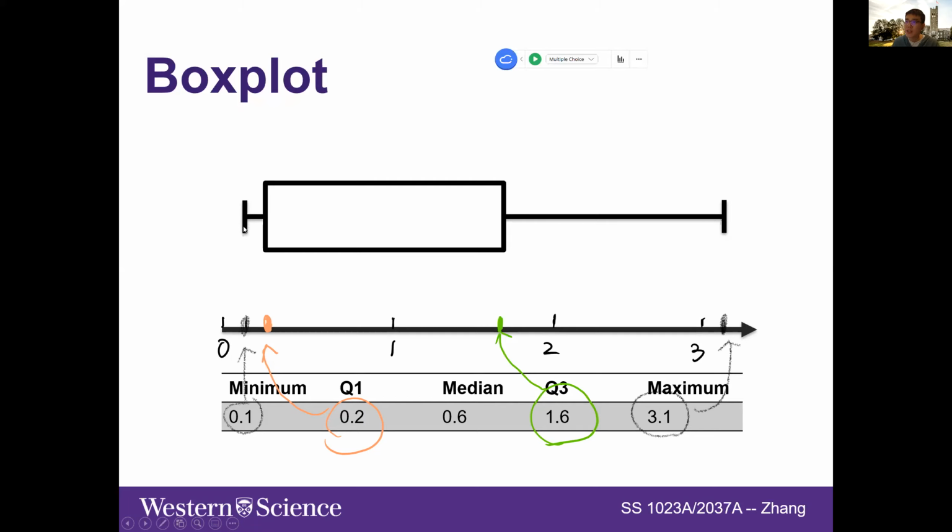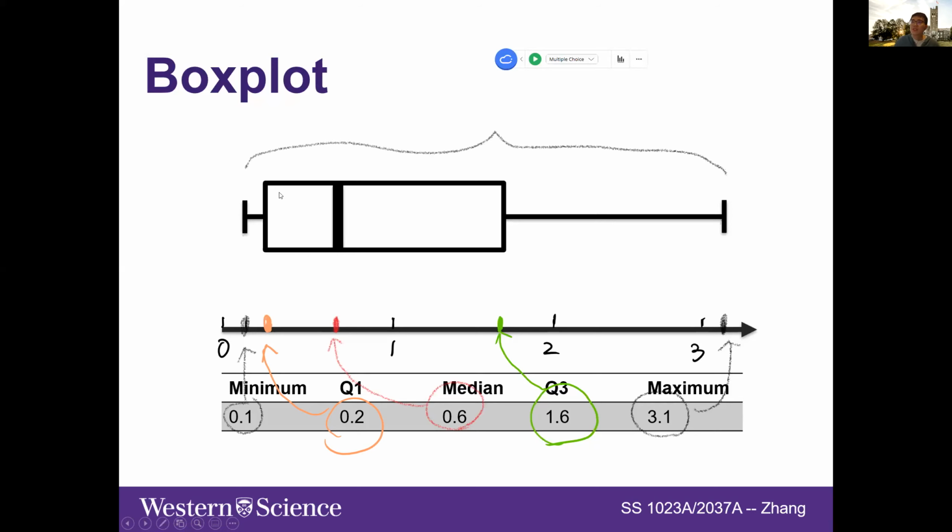So basically, this length contains the information of what's the minimum of our data set and what's the maximum. Another very important measure is our median, because that's the center of our data. So we will also record that. It's 0.6, so probably somewhere over here. And we use a very big bar to denote the location of the median.